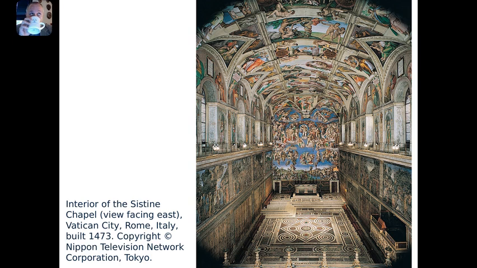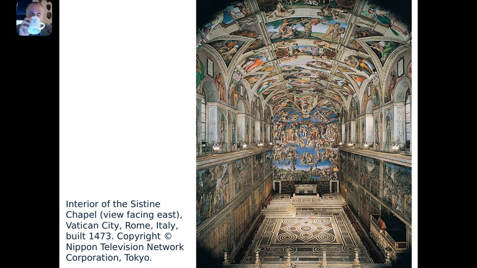And so he went away to pick out marble for the tomb in Carrara, where then the Pope decided that he wanted Michelangelo to paint the ceiling of the Sistine Chapel, which was built by his uncle, Pope Sixtus. And so he summons Michelangelo back to Rome in the midst of this tomb project.